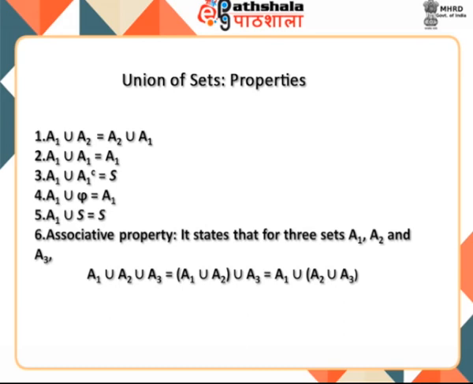A1 union S is equal to S. Lastly, the associative property. It states that for three sets A1, A2, and A3, A1 union A2, within brackets, union A3 is equal to A1 union, within brackets, A2 union A3.